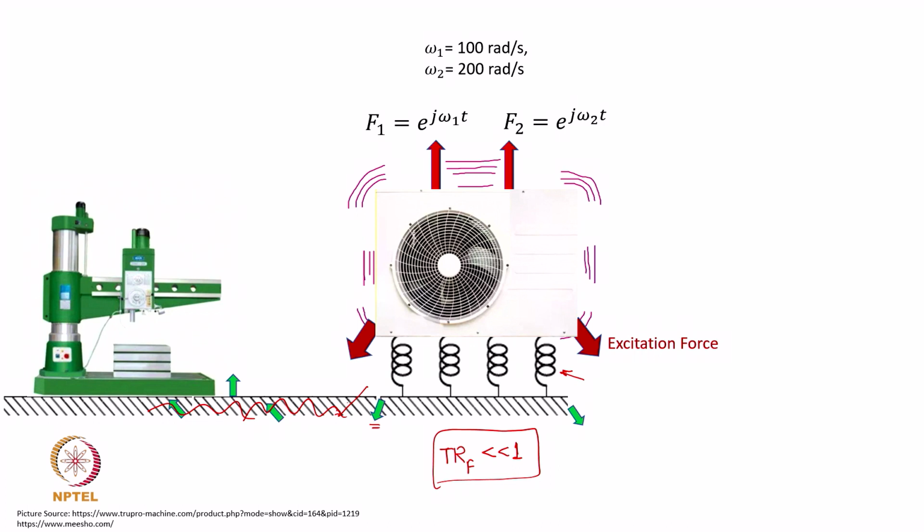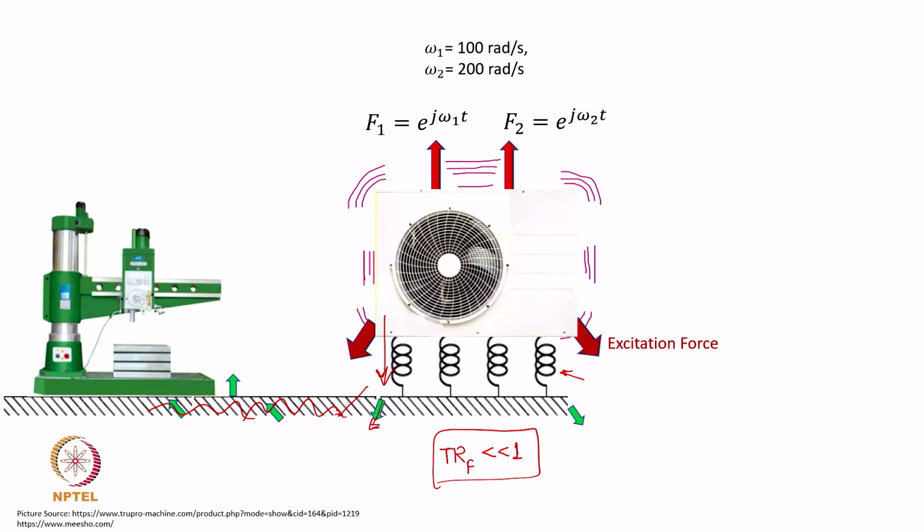That would mean that if these excitation forces coming from large machinery, which is transmitting much larger forces into the ground, they are going to excite the nearby machines into vibration.